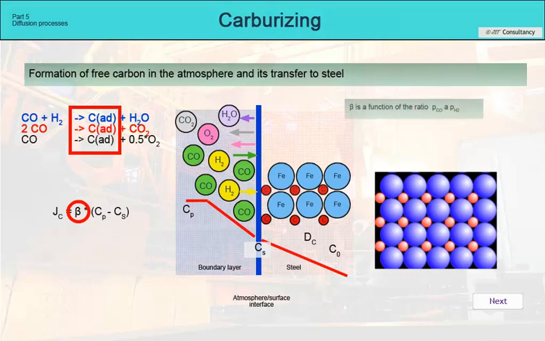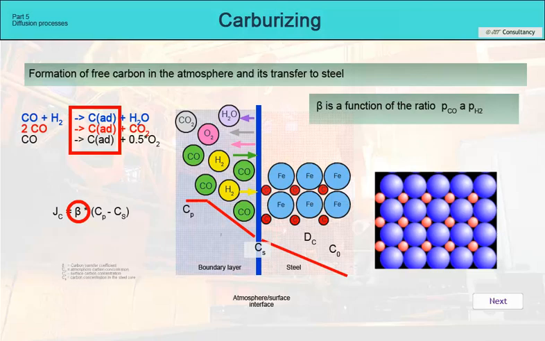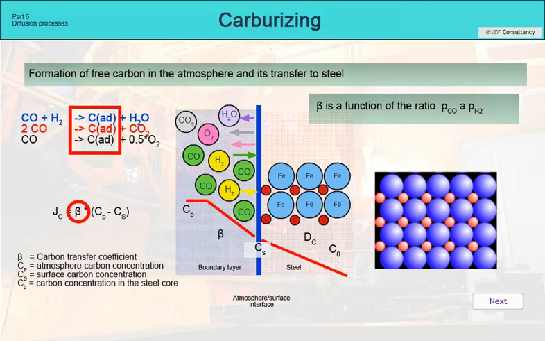Although our goal is to have the maximum beta value, since it depends, among other things, on the ratio between the hydrogen and carbon monoxide content in the atmosphere, it can only be controlled to a limited extent under the conditions of a conventional carburizing atmosphere with the addition of hydrocarbon. Therefore, if we need to increase the transfer of carbon to the steel, it is easier to increase the gradient between Cp and Cs by increasing the saturation potential Cp.